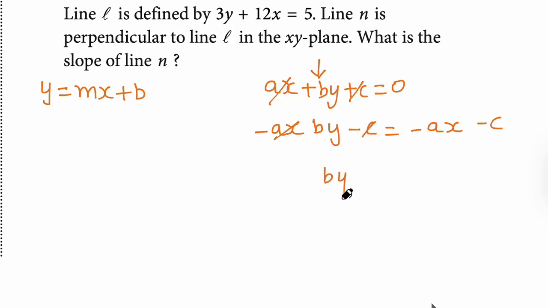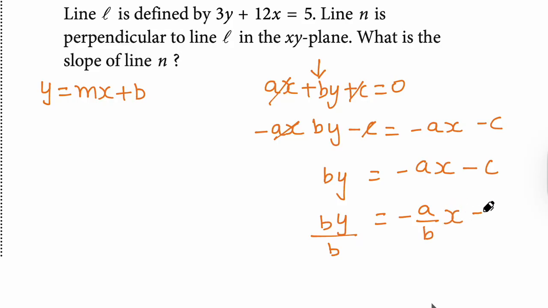You are left with by = -ax - c. Now we want y, so dividing by b, divide every term by b. So that will be y = -(a/b)x - c/b. B cancelled, and our equation is -(a/b)x - c/b. Now here lies the magic.